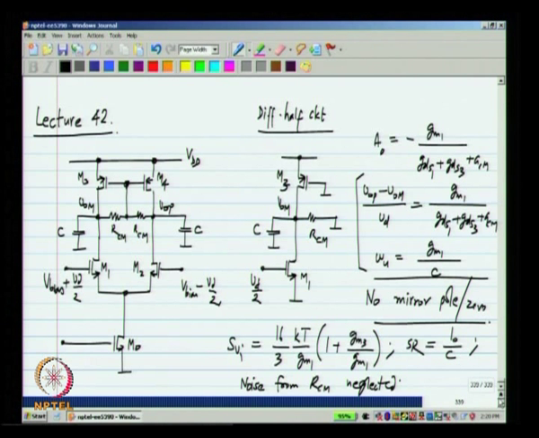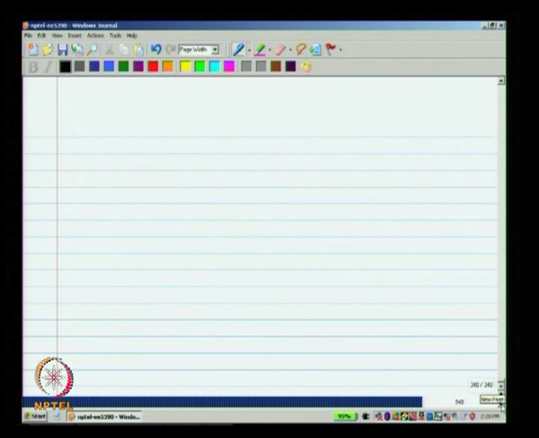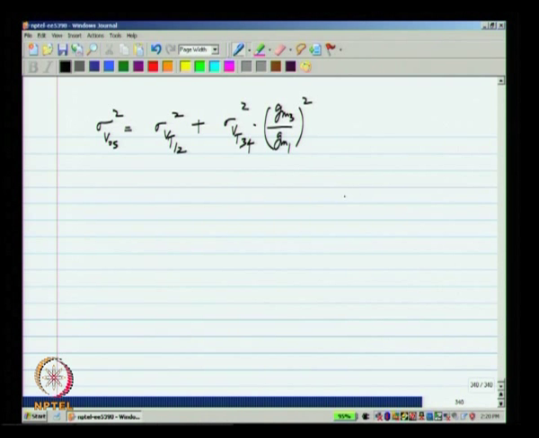And finally, the offset again will be similar to what we had in the single ended single stage op amp. It will be equal to sigma Vt1 squared, which is the mismatch between the transistors M1 and M2, plus the mismatch between the transistors that form the load times (Gm3 by Gm1) squared.